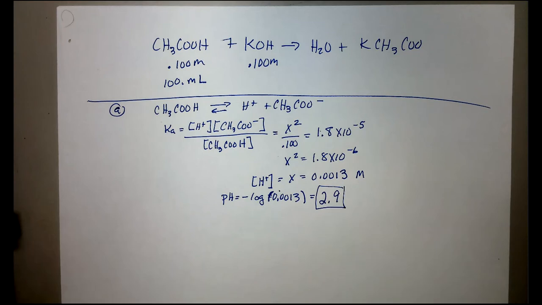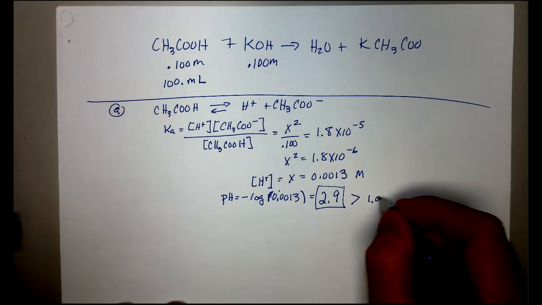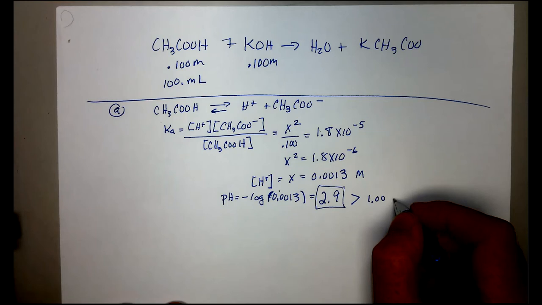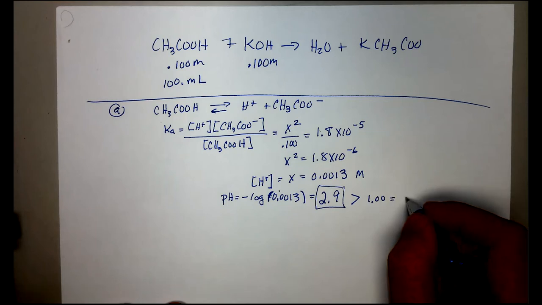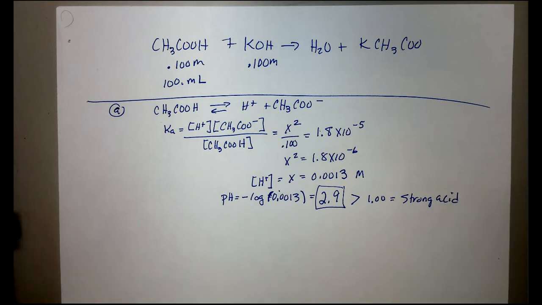So that's higher than the strong acid, strong base case. 0.1 molar strong acid has a pH of 1. So that's a bigger pH than the pH of 1, which was the strong acid case. And so we find that the pH is higher because the weak acid is less ionized than the strong acid.